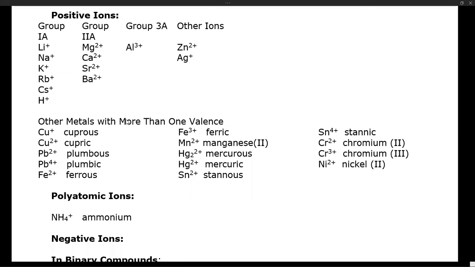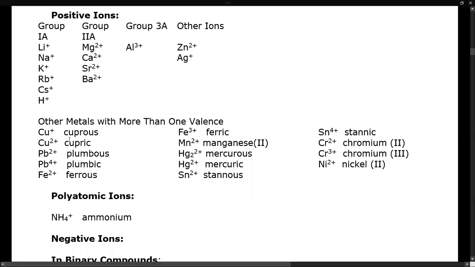Other cations. Remember, we mentioned the OUS and the IC endings, and you can see them there as well. Like you've got cuprous and cupric instead of copper(I) and copper(II). You've got plumbous and plumbic.